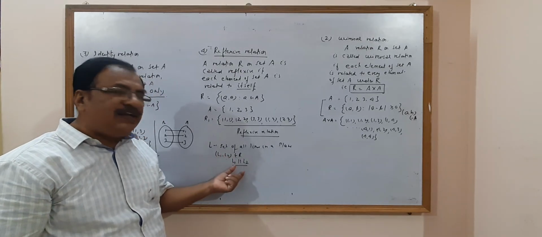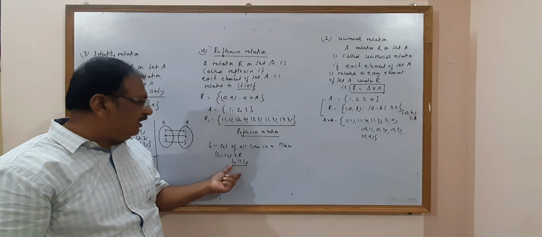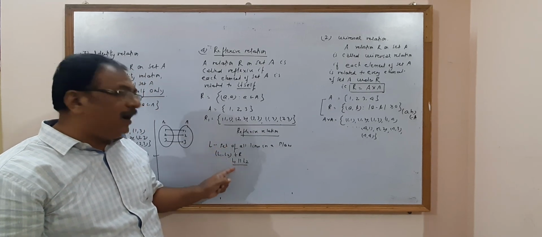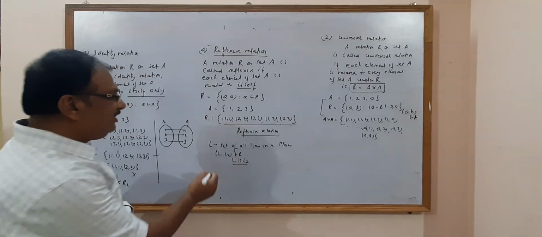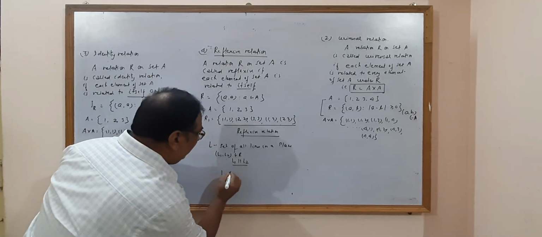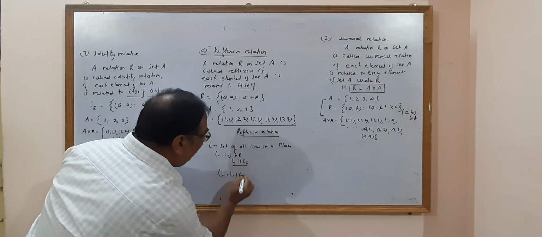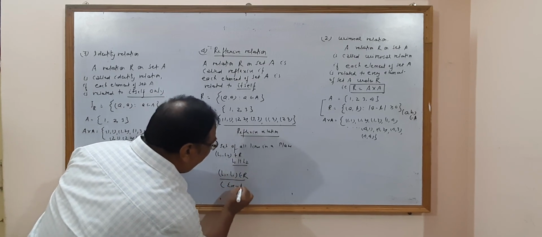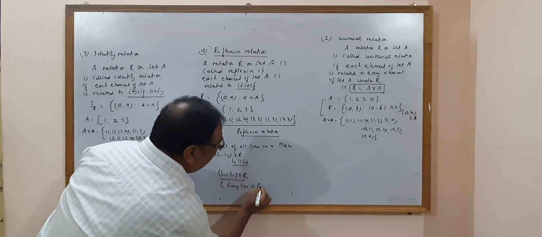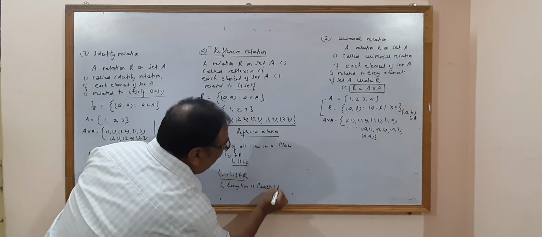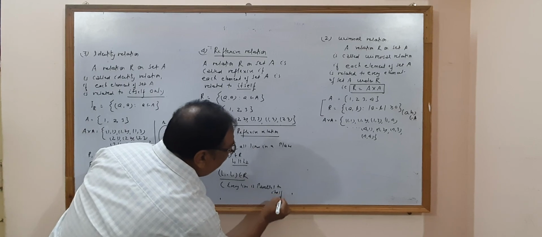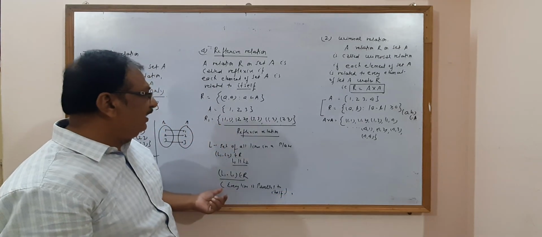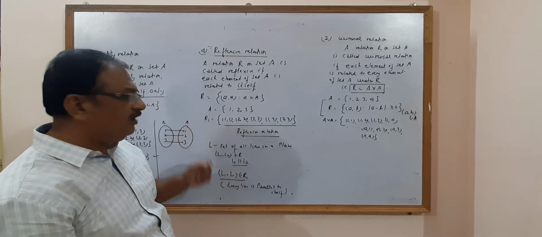Is this a reflexive relation? Yes, this is a reflexive relation, because every line is parallel to itself. Then we can say that (L1, L1) belongs to R. So this is an important concept of the reflexive relation.